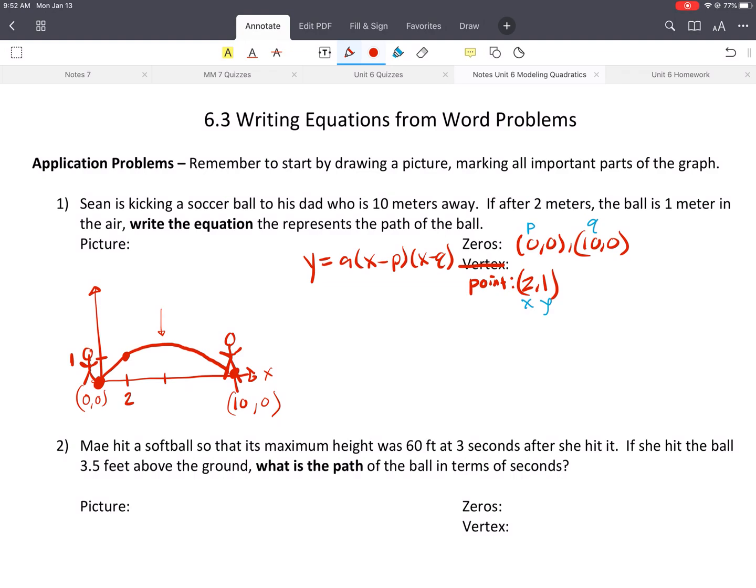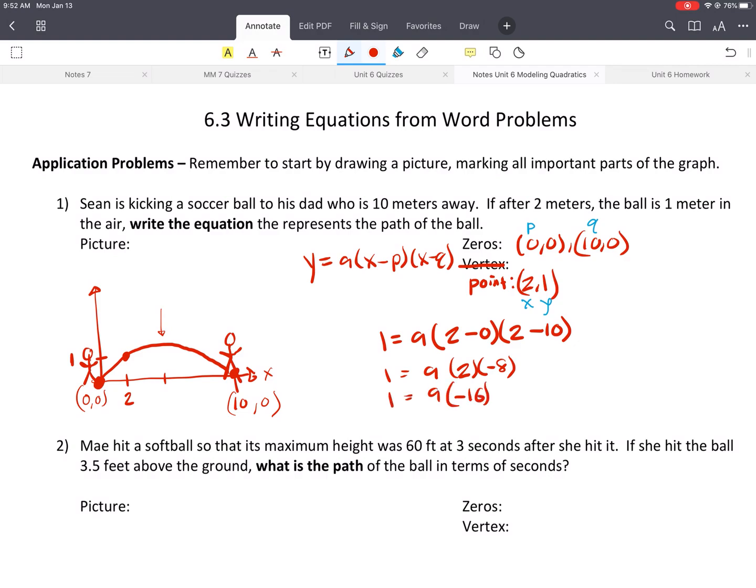After this, it's all just review of what we did last time. So 1 equals a times 2 minus P, which is 0, and then we'll do 2, which is X, minus 10, which is our Q. Simplify, that gives us 2 times negative 8. That gives us negative 16.